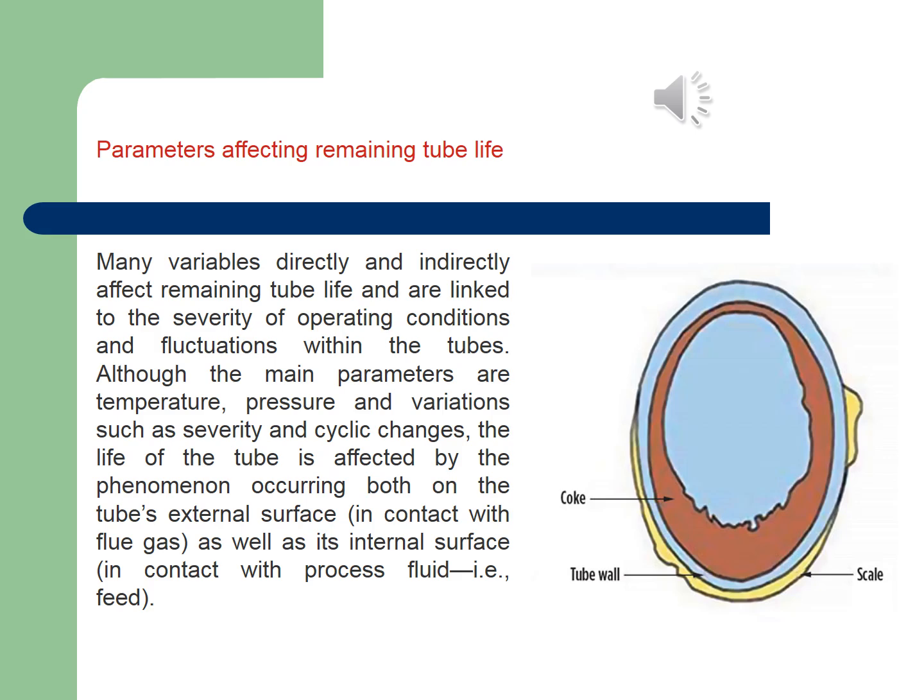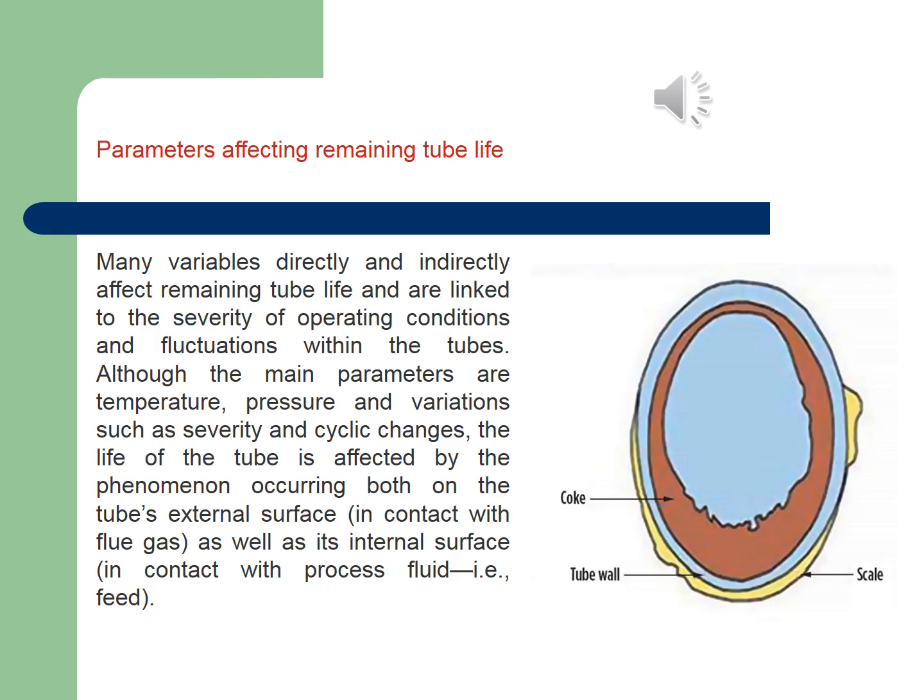Many variables directly and indirectly affect remaining tube life and are linked to the severity of operation conditions and fluctuations within these tubes. Although the main parameters are temperature, pressure, and variations such as severity of cyclic changes, the life of the tube is affected by the phenomena occurring both on the tube's external surface in contact with the flue gas as well as its internal surface in contact with the process fluid.